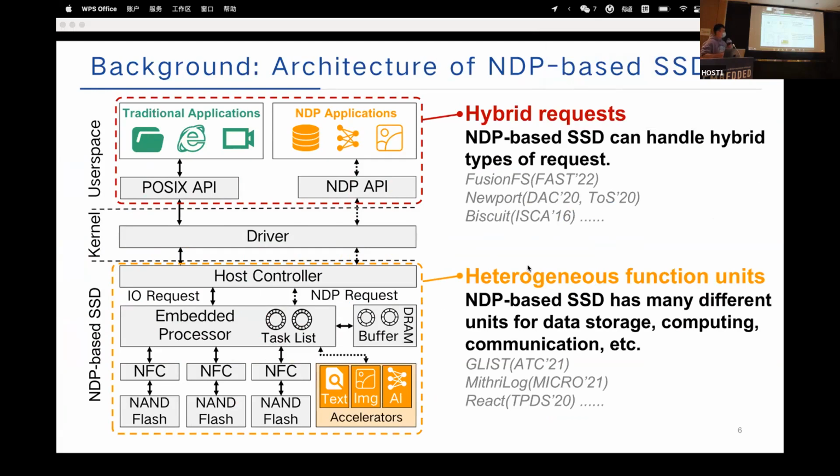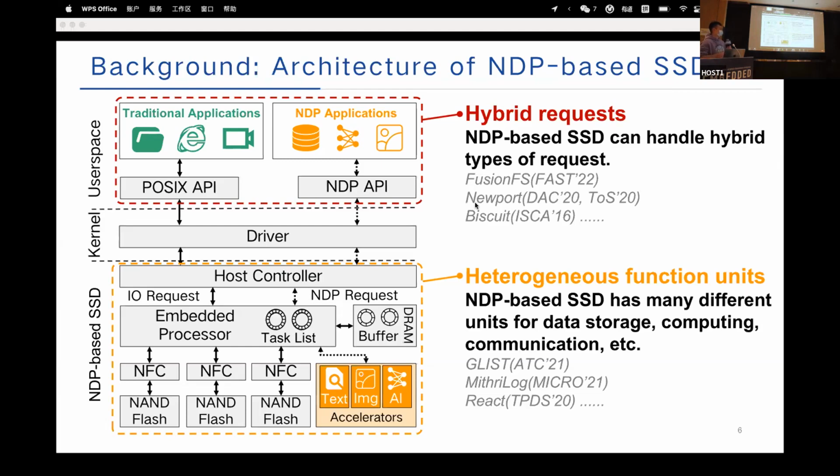So this is a general architecture of an NDP-based SSD. We mainly focus on two features of it. First is that the NDP-based SSD needs to handle hybrid requests, such as the POSIX requests from traditional applications and the NDP requests from the NDP applications.